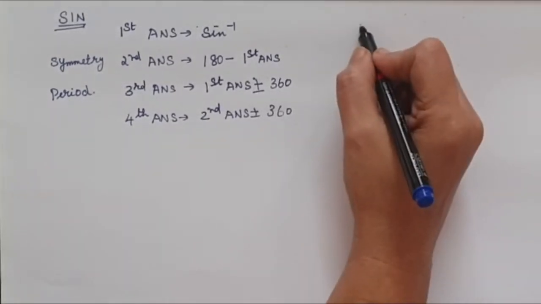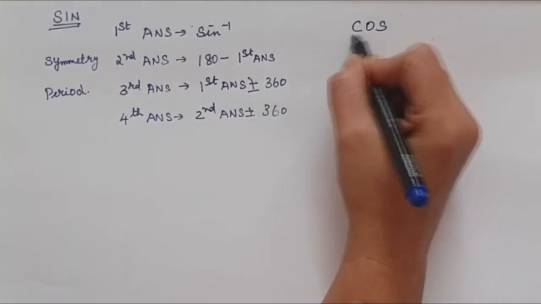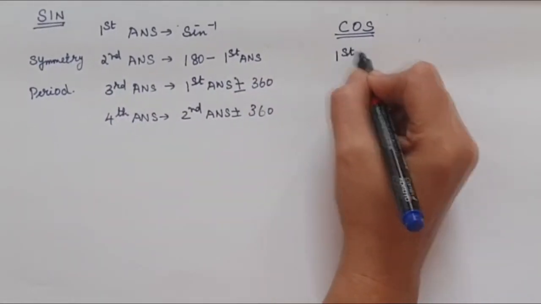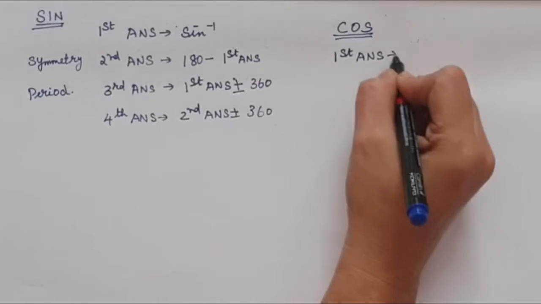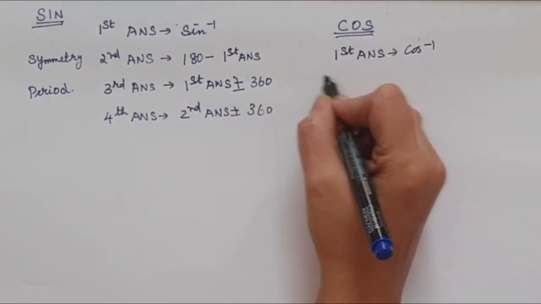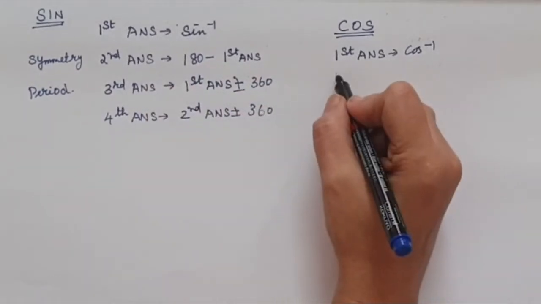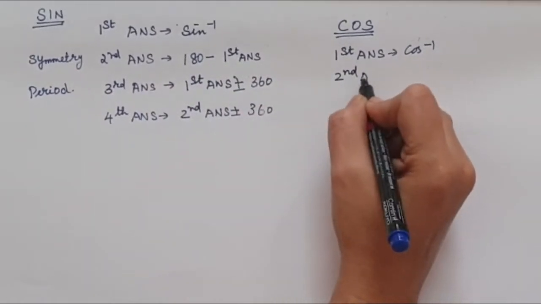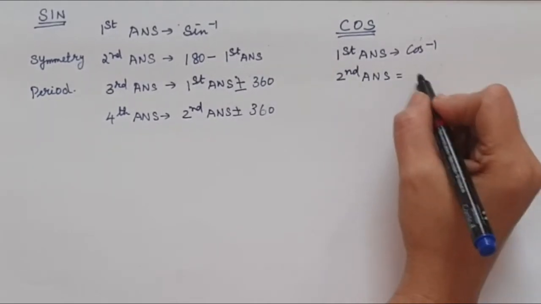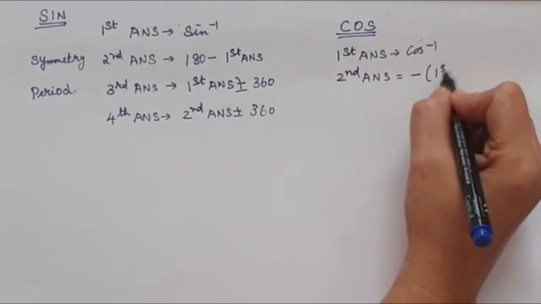In the same way, for cos, the same procedure we'll use. The first answer is as usual got by cos inverse. Then we use our symmetry property the same way. So what is the symmetry property for cos? Our second answer will be minus of our first answer.